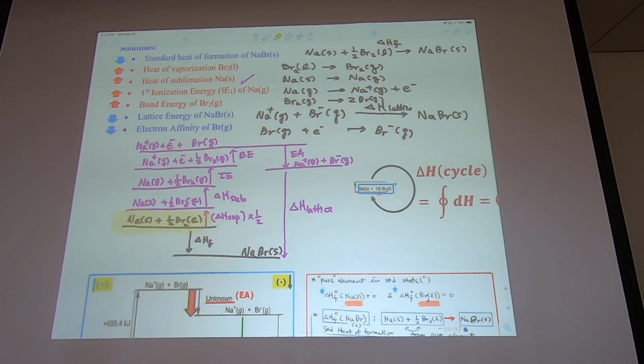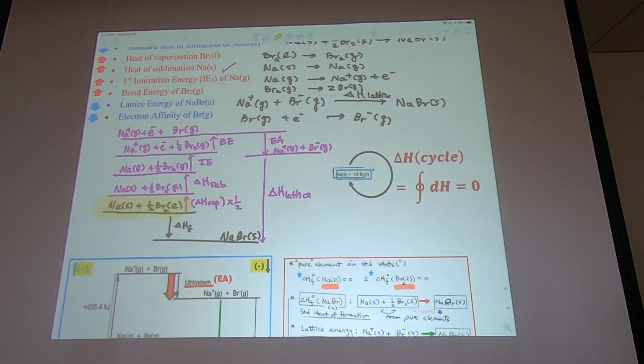The other way that this textbook solution manual prefers is to make delta H over the cycle, from the yellow dot through the whole cycle back to the yellow dot. Delta H over the cycle is 0. Right? So therefore, I want to put that in. So this is delta H, same direction, so same number, same number, same number.